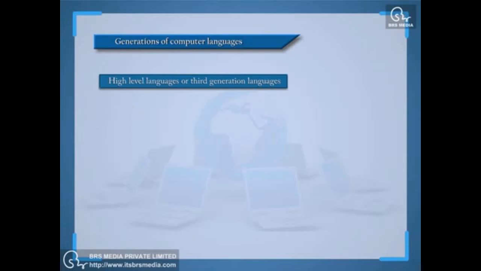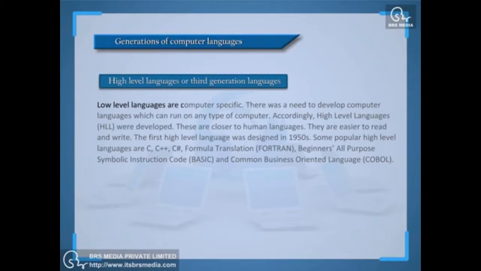High-level languages or third-generation languages. Low-level languages are computer-specific. There was a need to develop computer languages which can run on any type of computer. Accordingly, high-level languages, HLL, were developed. These are closer to human languages. They are easier to read and write.